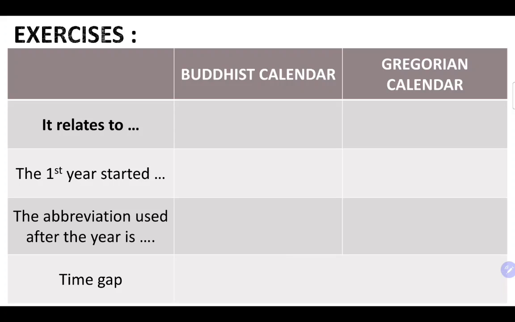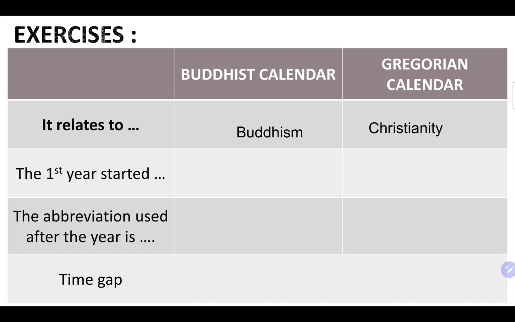The Buddhist calendar relates to, or originated from, what religion? Buddhism. How about the Gregorian calendar? As we recall, it relates to Christianity. Very good.